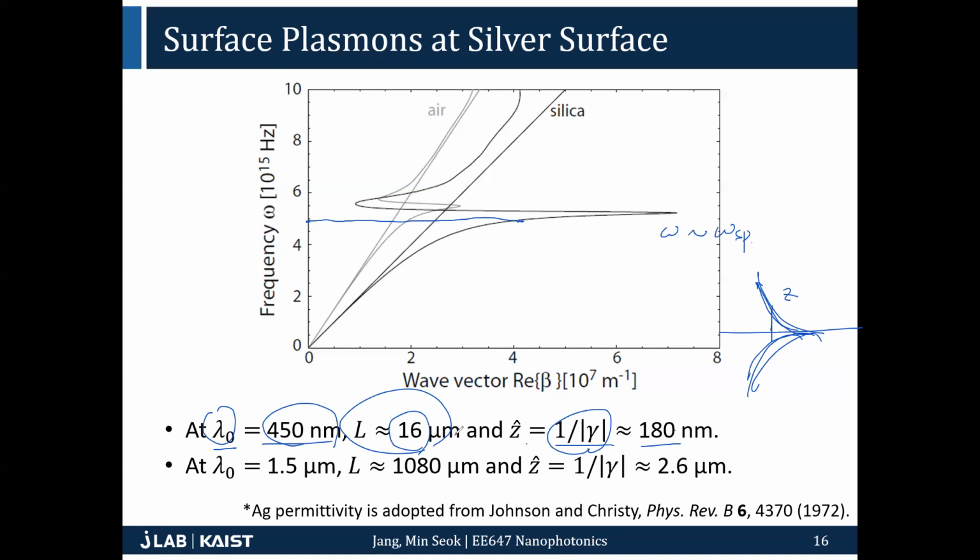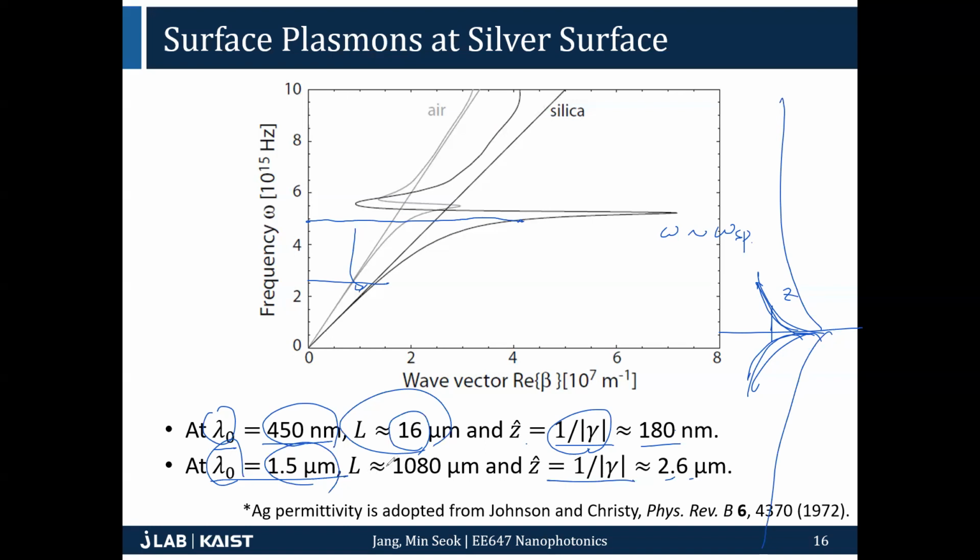It's very short. And if you go to a much lower frequency, or much longer wavelengths, somewhere around here, where the wavelength is 1.5 micrometers, the vertical confinement is now 2.6 micron. Compared to the wavelength, this one is much larger, so it's very weakly confined, right?